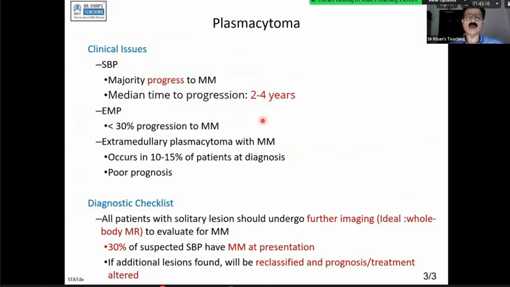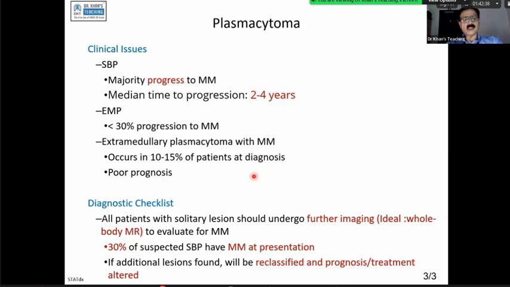Now, a key viva question. I'm not going to ask you the question, but just to let you know that if this kind of case comes in the exam, you should tell the examiner that now I will advise more imaging to rule out multiple myeloma. Similarly, if it is a metastasis, of course, you will do more imaging to rule out multiple skeletal metastases.